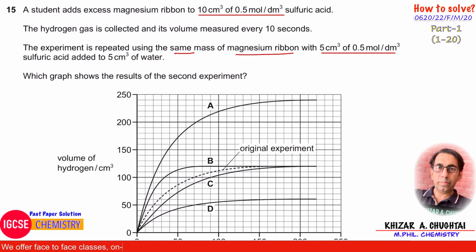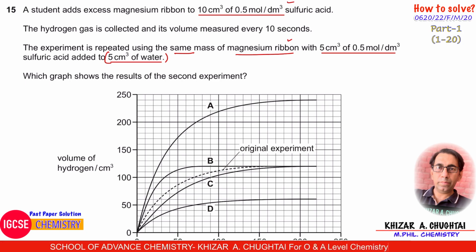But this time there is an addition of 5 cm³ of water as well. In this experiment, he or she is doing dilution. He is going to dilute the solution of sulfuric acid. Same magnesium ribbon is going to be used, and this time less volume of sulfuric acid is being used.